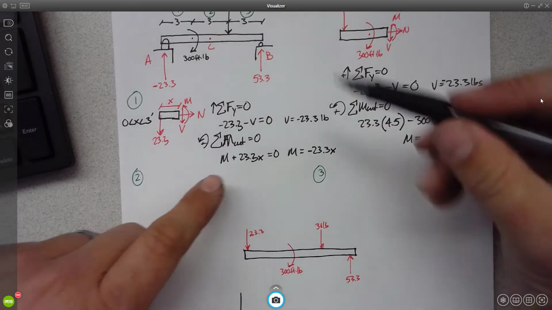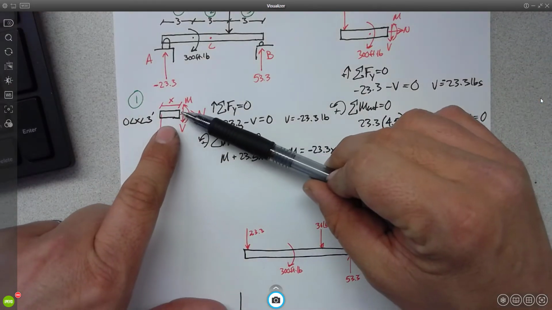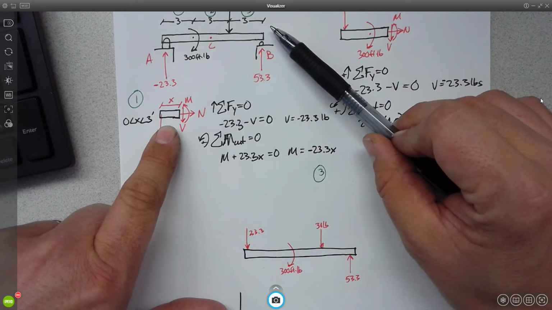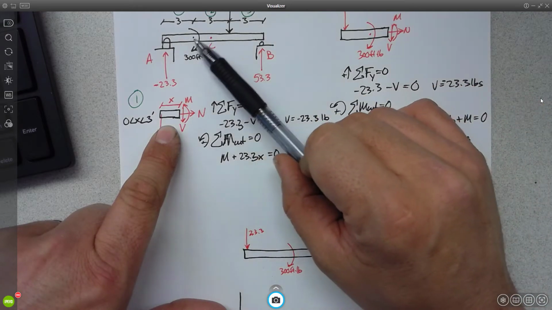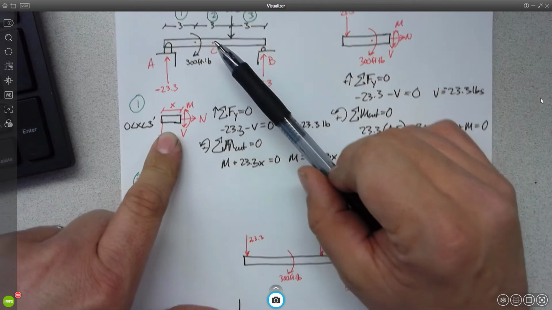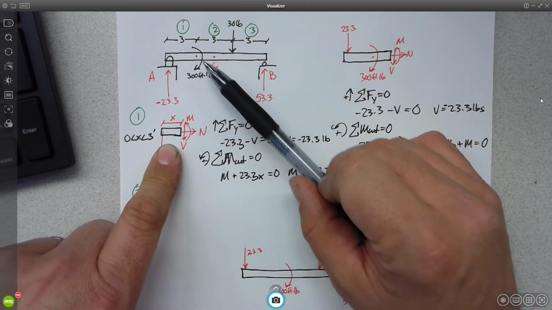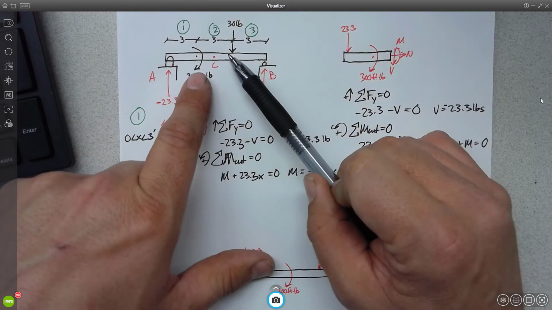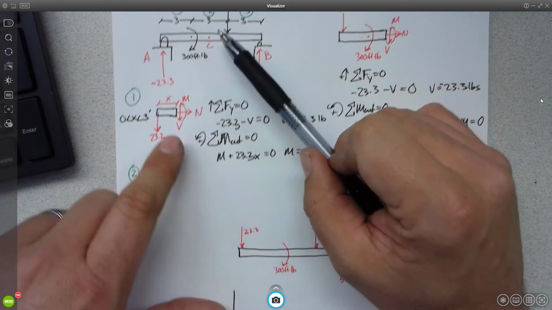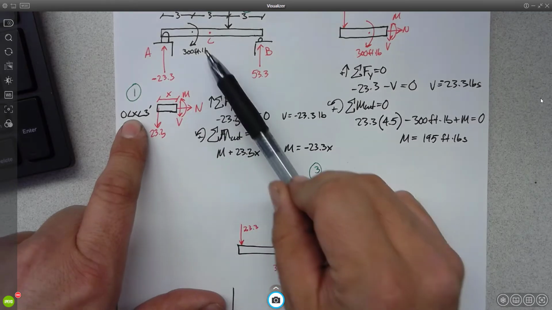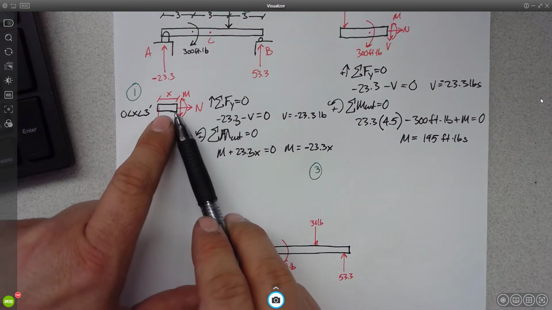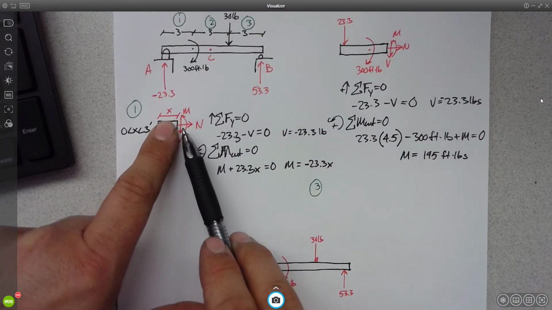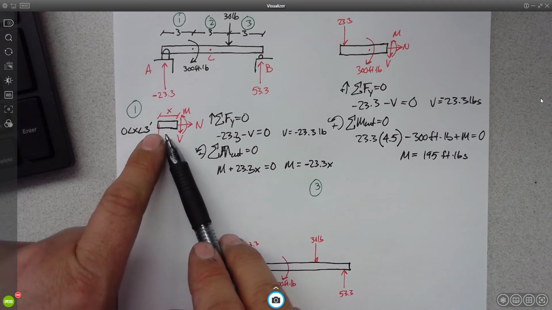So let's kind of go back through the steps. First thing I did is I divided it into regions. Wherever there's a load applied or a change in the load condition, that's a boundary for a region. So here I have 3 regions because I have 2 loads. So I look at the first one, that's from 0 to 3 feet. I draw my free body diagram where I put the cut at distance x from the end.